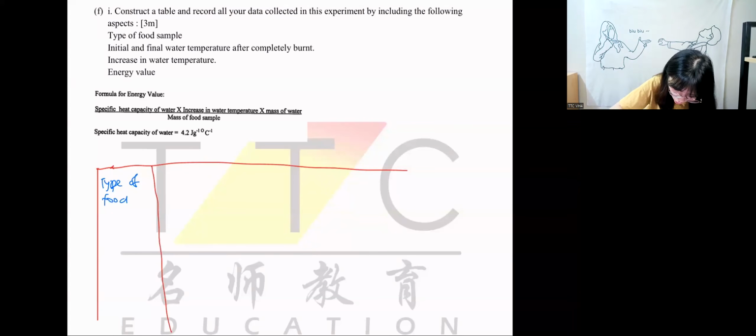And then we have water temperature. You can write one by one. You can write initial temperature of water.